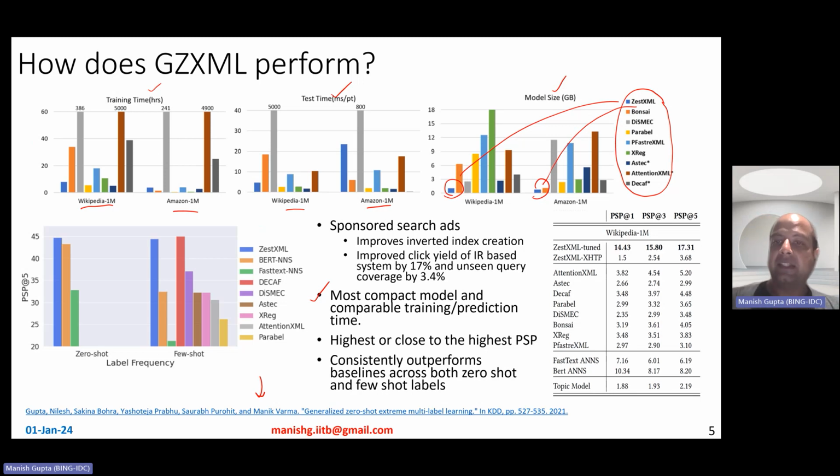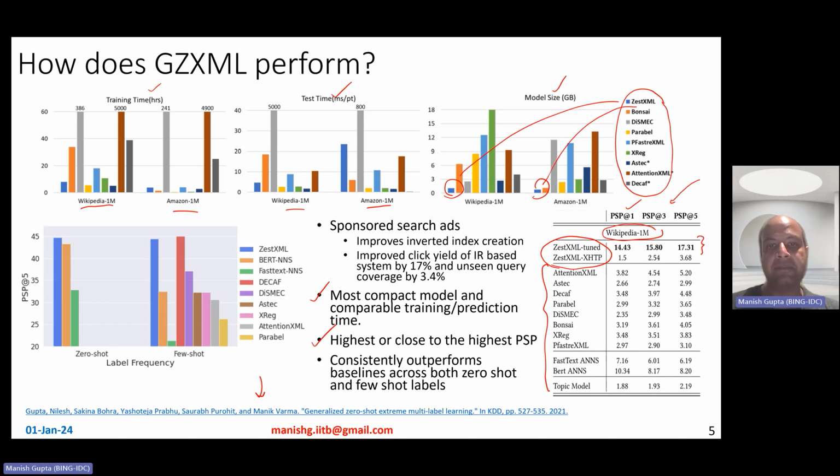The other thing we observe is accuracy. I'm showing you accuracy metrics for the Wikipedia 1 million dataset, including PSP, in comparison with several other extreme classification as well as dense retrieval baselines. You observe that the accuracy metrics are highest or close to highest.